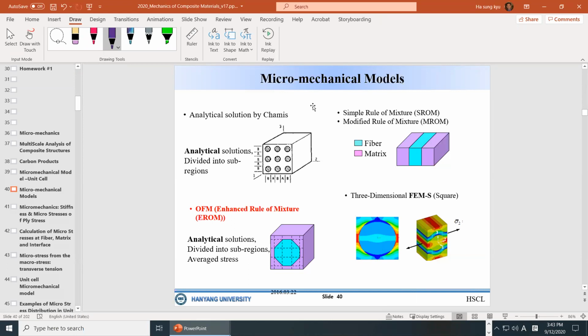So, understanding the micromechanical model, each one represents a unit cell. A unit cell means a representative volume which represents just one of the multiple repetitions.